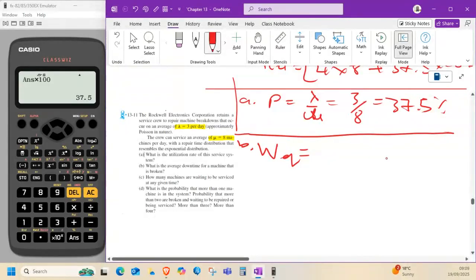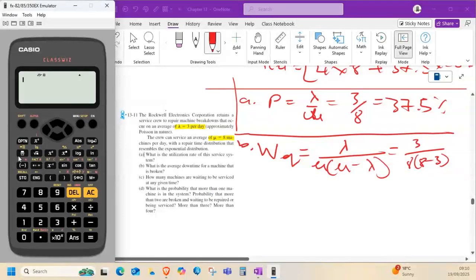Then you go to your formulas. You find the WQ formula. It's this. All right, and then 3/8, 8 minus 3. 3/8, 8 minus 3.